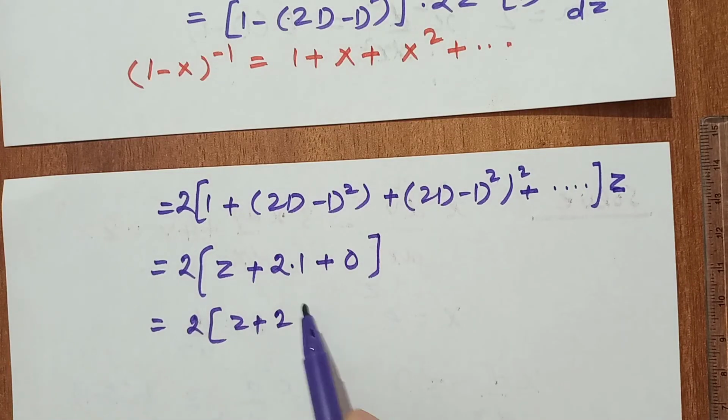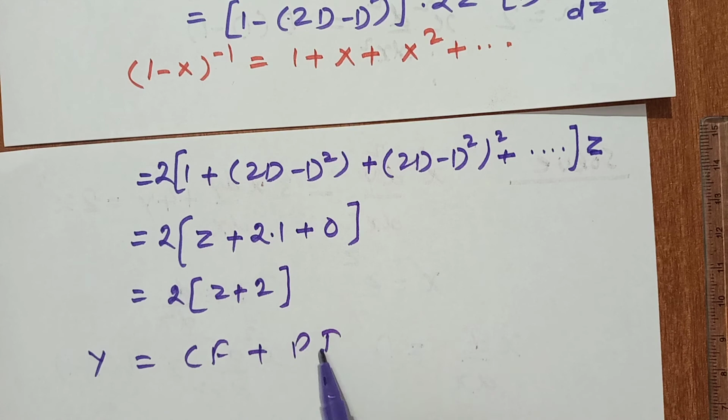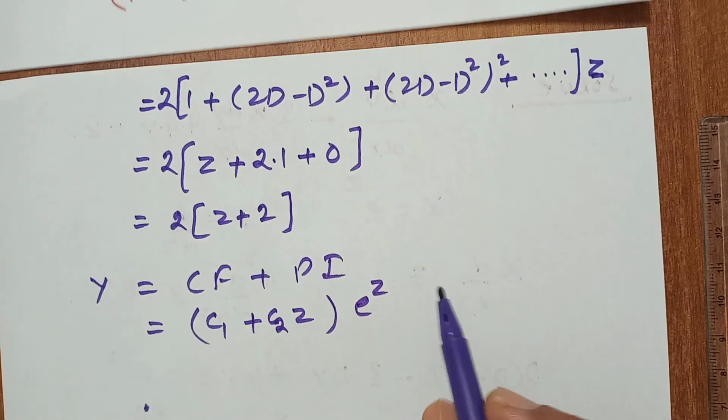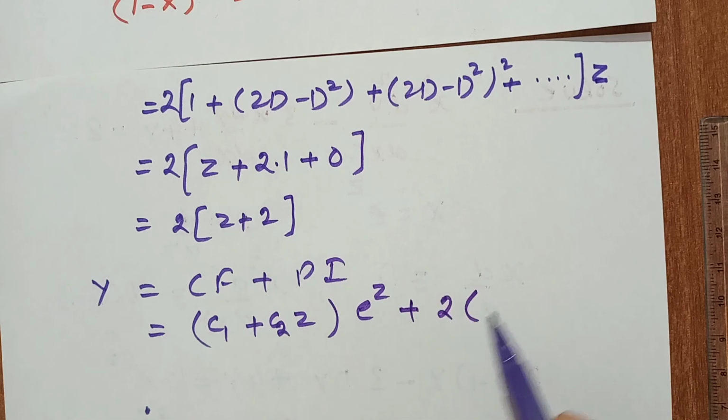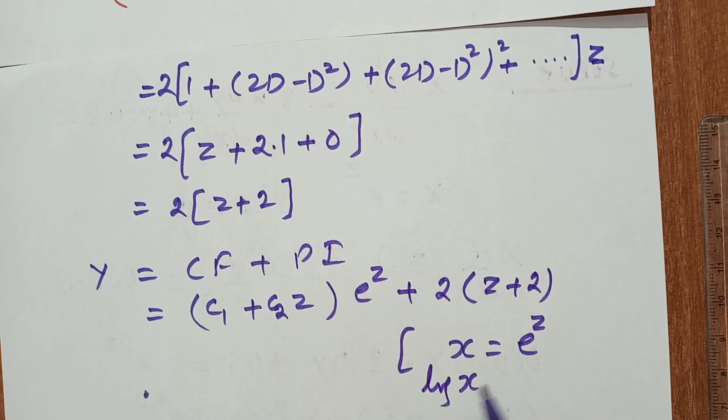Now this is the particular integral, so the solution is y is equal to CF plus PI. CF is (c1 plus c2 z) e to the power z, plus the particular integral 2z plus 2. Now substituting the value of z: since we have taken x equal to e to the power z, it means log x is equal to z.